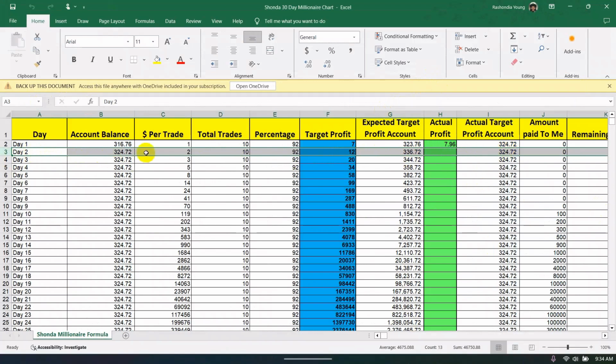But as far as completing day 2's target, which is $336.72, we did not get that.